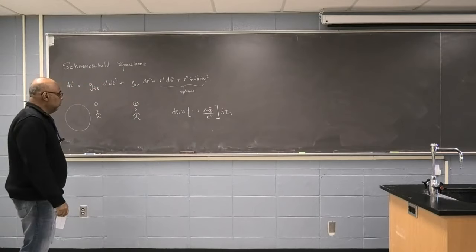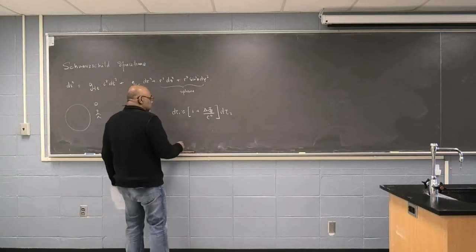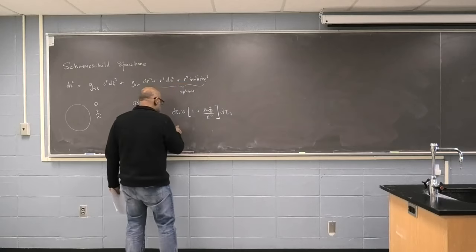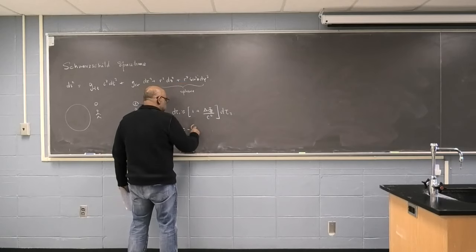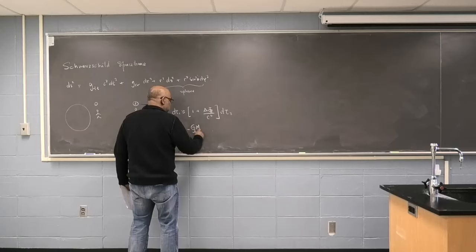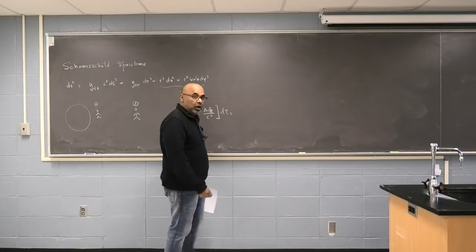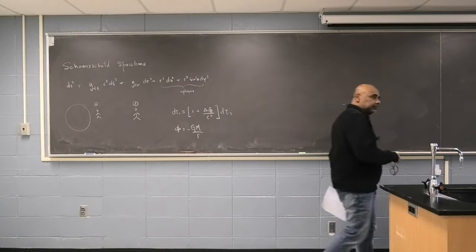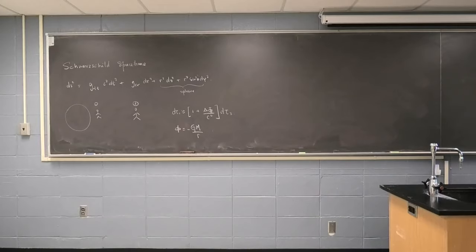We also know that the gravitational potential is minus GM over r for a spherical object. Same thing as in E&M, because it's kq over r, the electromagnetic potential. Here the gravitational potential is GM.